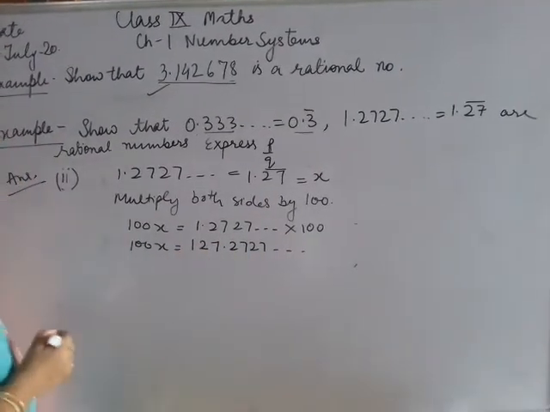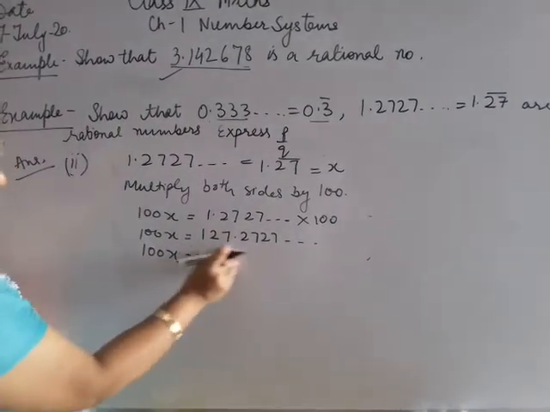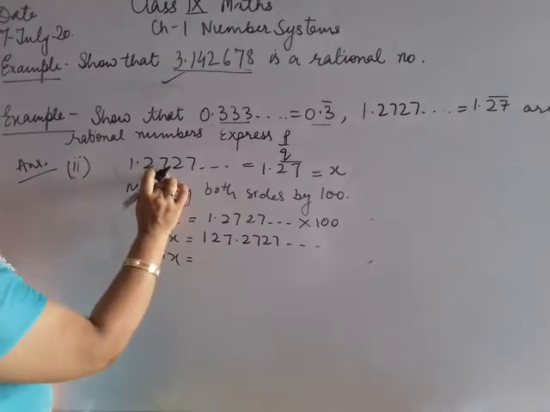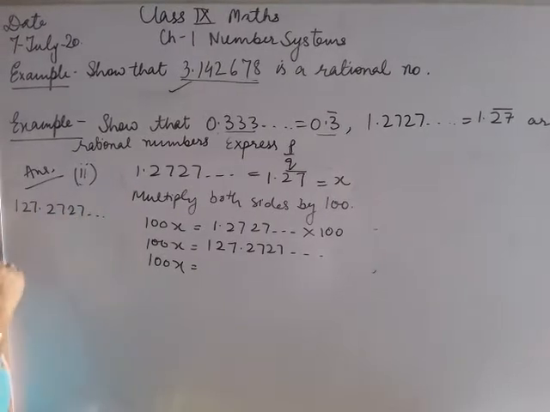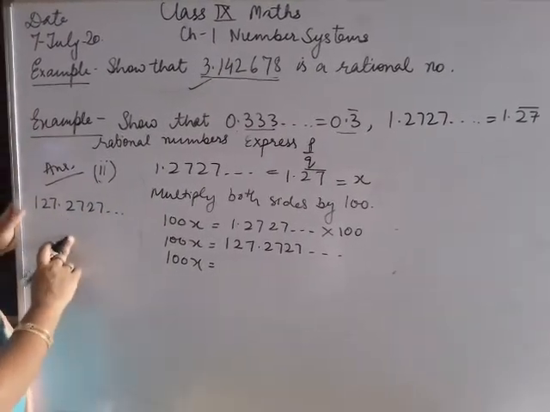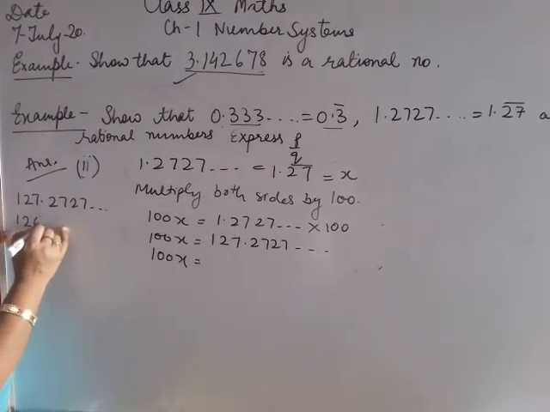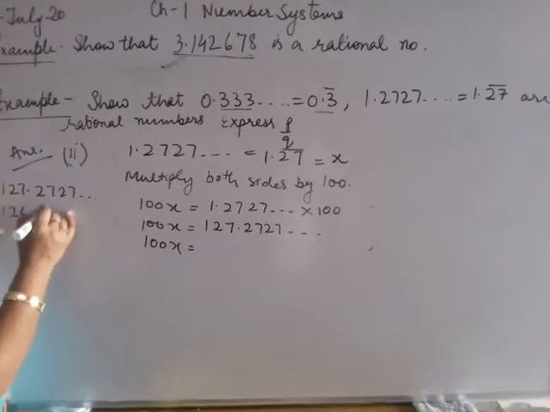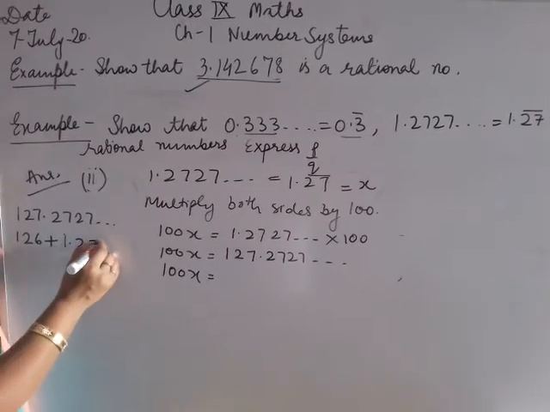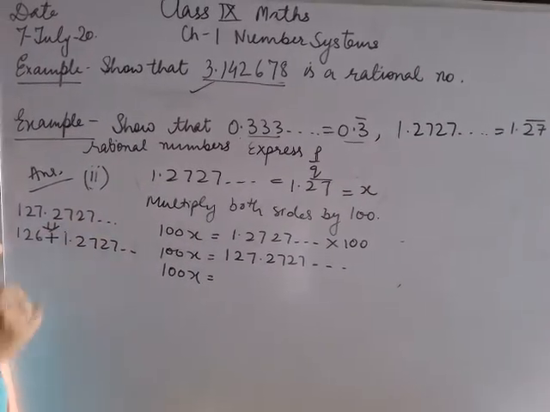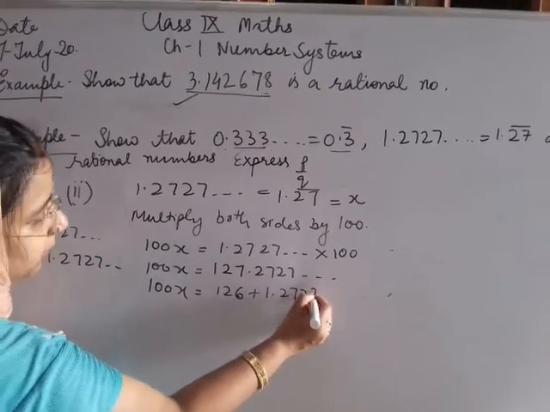127.2727. Okay. Now it is 100x is equal to this 127.2727, and we have to convert this in the form of x. Now we have to break this. So I write 126 plus 1.2727 and so on.